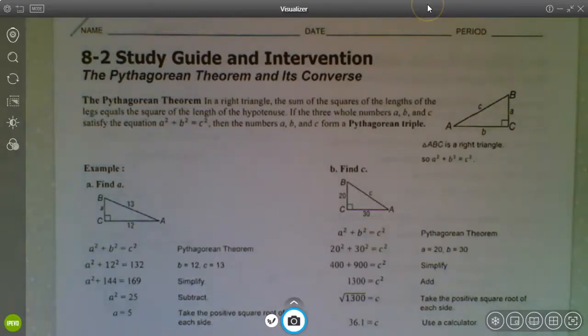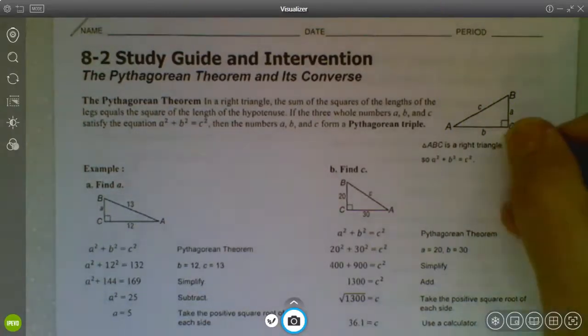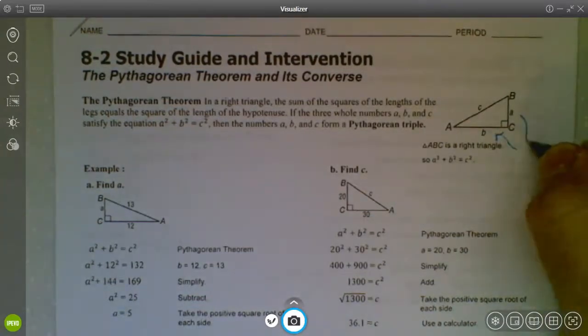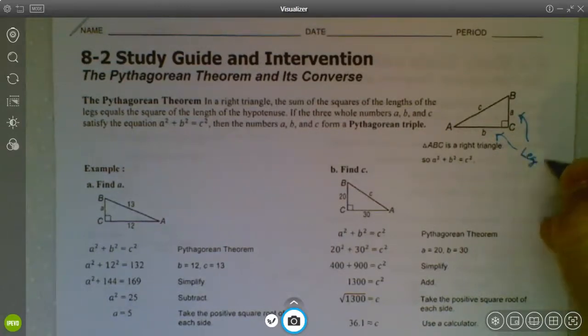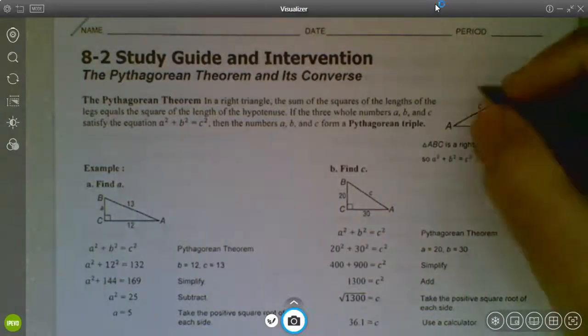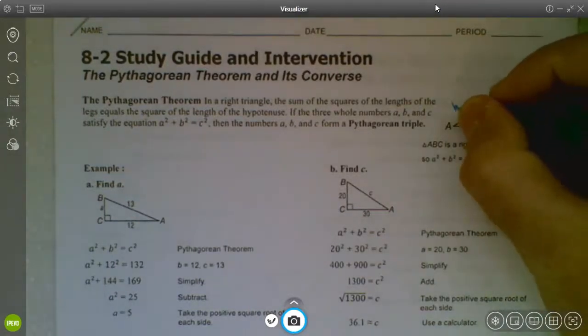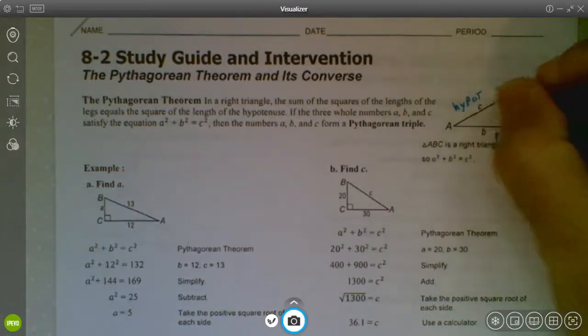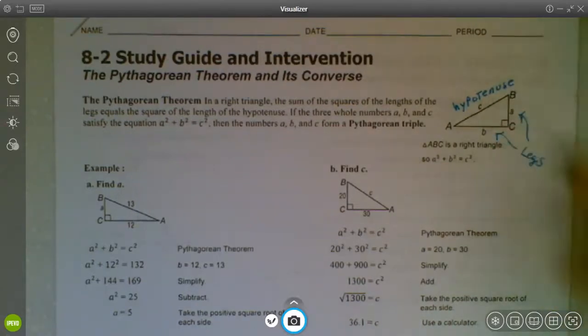So here's something you could jot down in your notes: we're pointing to this guy and to this guy, and those are called the legs. Then side C is called the hypotenuse. The hypotenuse is always the largest side of a right triangle, and it's always directly across from the right angle.